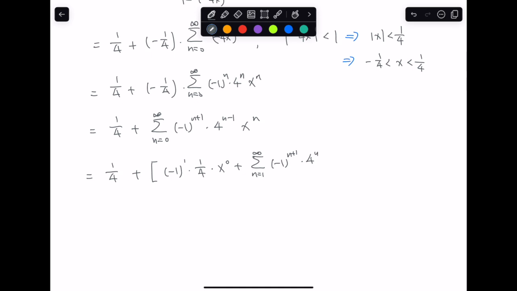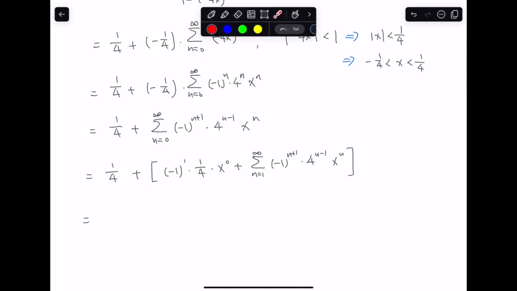So what I'm doing in this step is splitting this summation where n starts from 0 into 2 parts. So this part is the first term where n is equal to 0, and then we pick up from the second term when n is equal to 1 to continue the series.